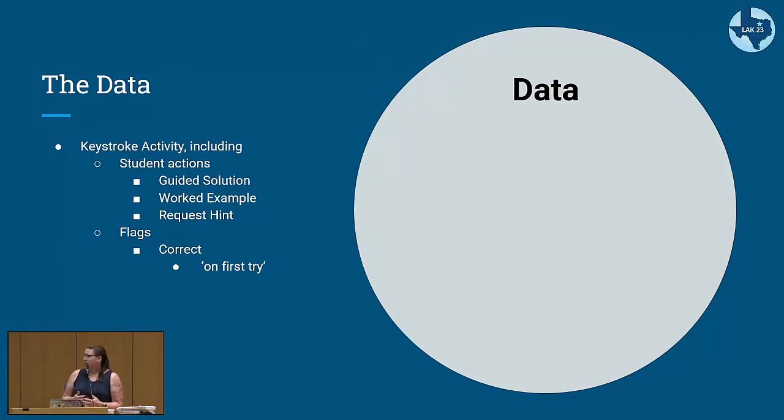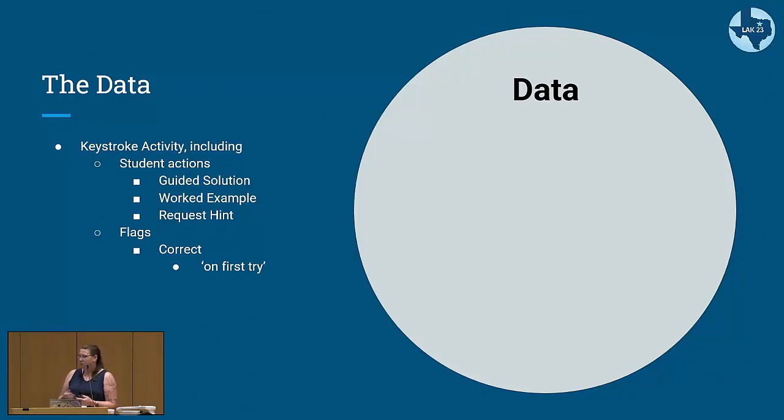So in these student actions, we had things like a guided solution where students could request the system to walk them through the steps of solving a problem and then get their input at specific points. They could also request a worked example, which was very similar except that it didn't require any student input at all. It would just step through the process of solving the problem.